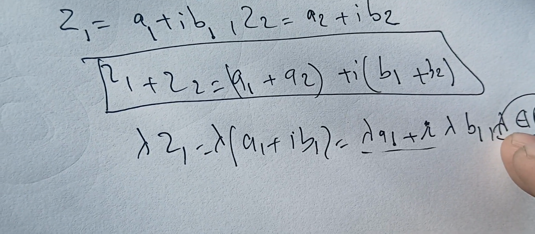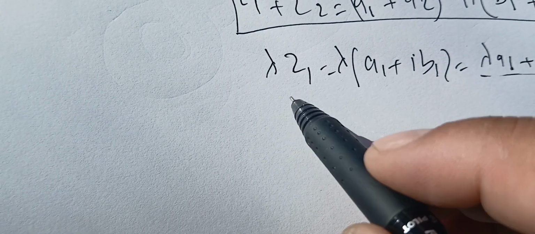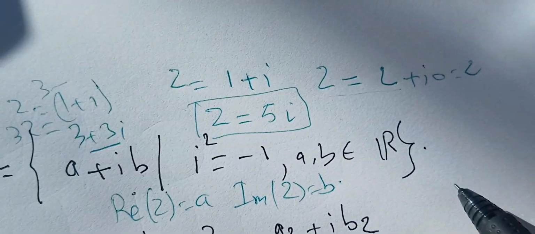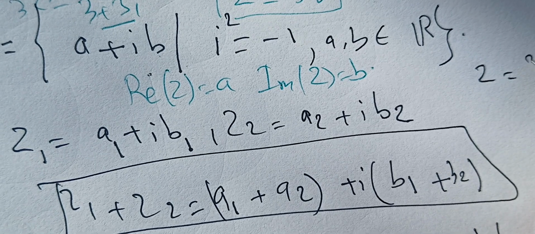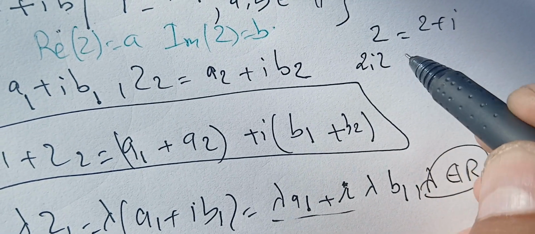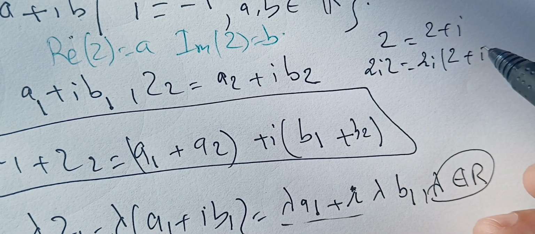We can do the imaginary part as well. Let's say our z is 2 plus i. So what's 2iz? 2iz is 2i times (2 plus i).